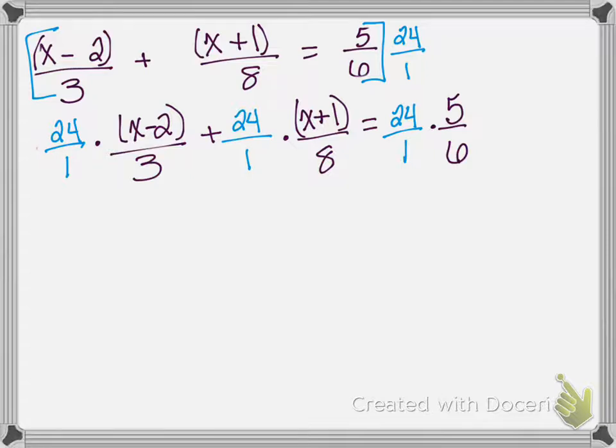3 goes into 3 and 24. 3 goes into 24 8 times. 3 goes into 3 1 time. This 8 is being multiplied by all of x minus 2, so you are going to have to distribute that 8 in our next step. 8 goes into 8 and 24. 8 goes into 8 1 time. 8 goes into 24 3 times.